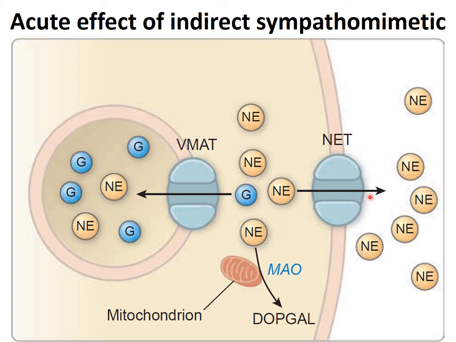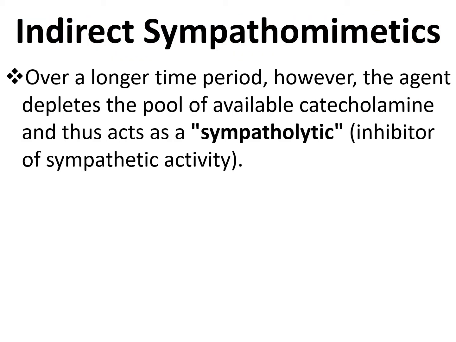So in the short term, it acts as an indirect sympathomimetic by promoting the level of neurotransmitter in the synapse, and in the long term, since it causes depletion of the stored neurotransmitter, it eventually acts like a sympatholytic. I hope you got the concept of how an indirectly acting sympathomimetic acts as a sympathomimetic in the short term and sympatholytic in the long term.